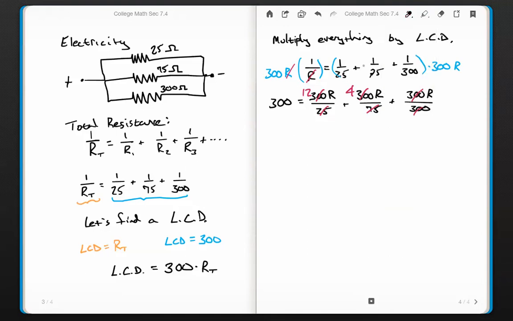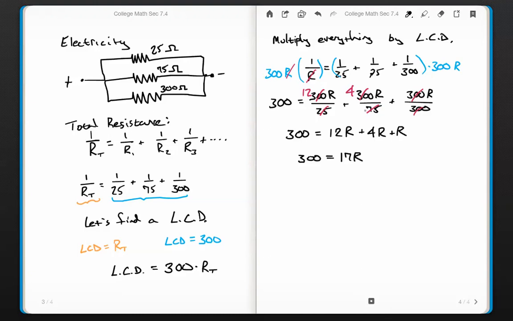Now that I multiplied through everything by the common denominator, I have a new equation. 300 equals 12. I still have my r, plus 4r plus r. So 300 equals 12 plus 4 is 16, plus 1 more r is 17r.